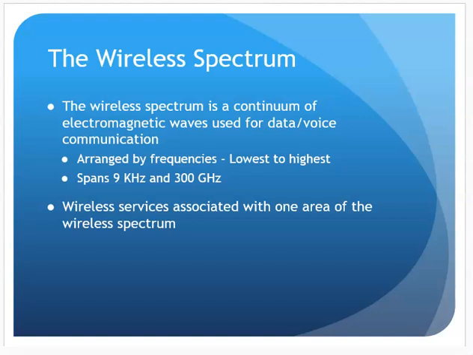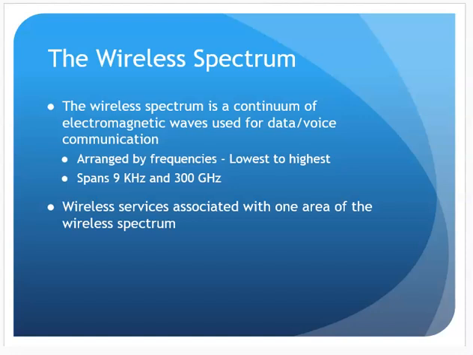Now, when we deal with wireless networks, we have to remember it's part of the wireless spectrum, which is a larger thing. The wireless spectrum is the continual electronic waves used for data and voice communications, ranging in frequency from lowest to highest, from 9 kilohertz up to 300 gigahertz. And wireless networking is just a slice or a piece of the overall wireless spectrum.